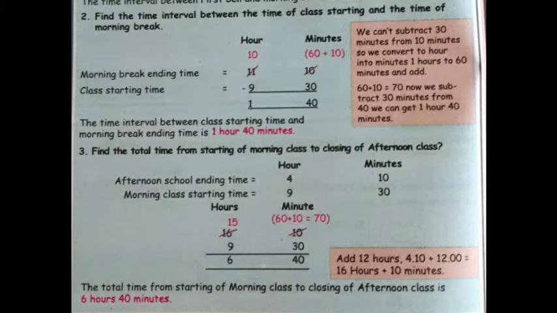How? When we have to subtract from AM to PM, we should add 12 hours in PM. Okay, just have a look.